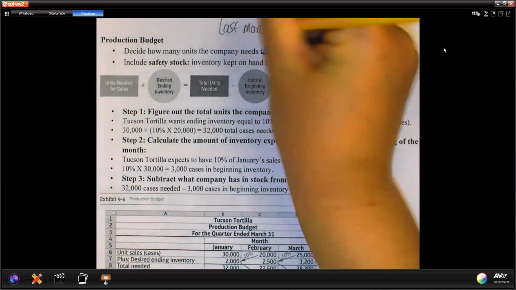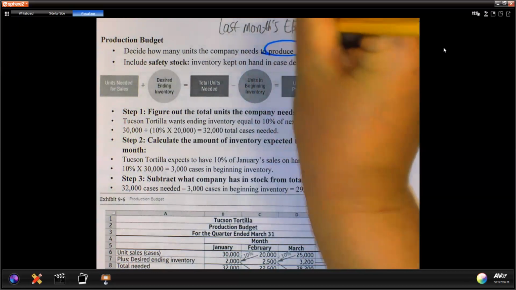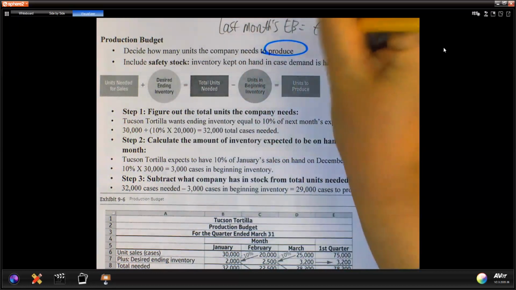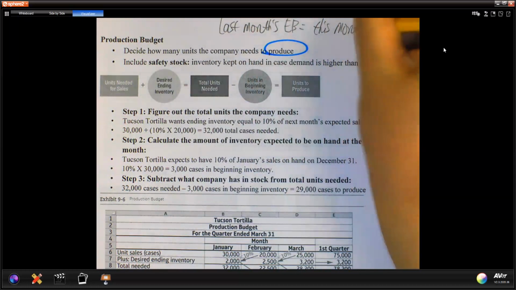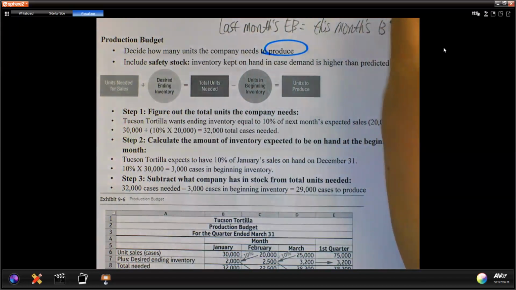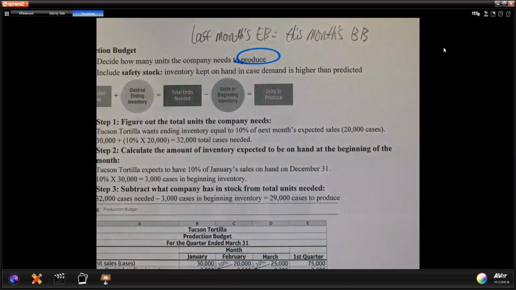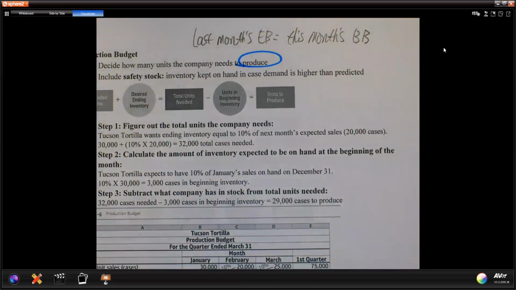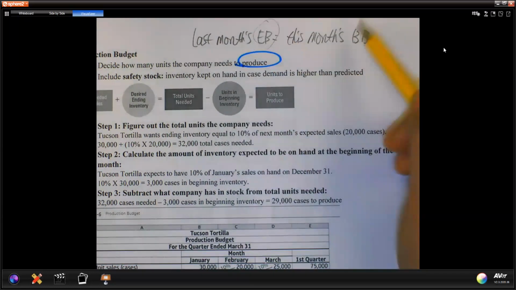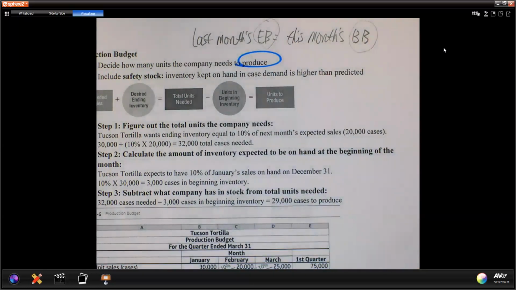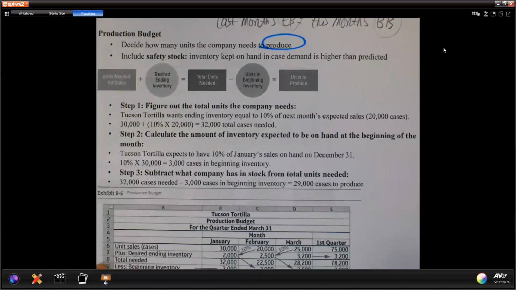Last month, the ending balance will be this month's beginning balance. So the only difference is we have an ending balance and then a beginning balance, so our production is not exactly the same as our sales. We'll do some numbers and you will see what I'm talking about.